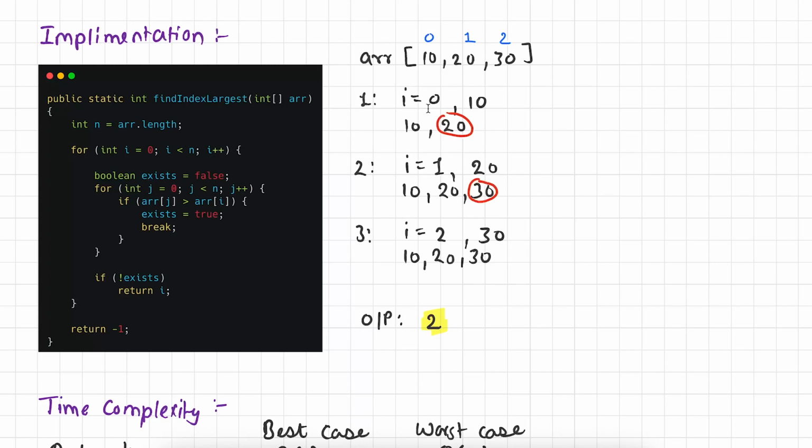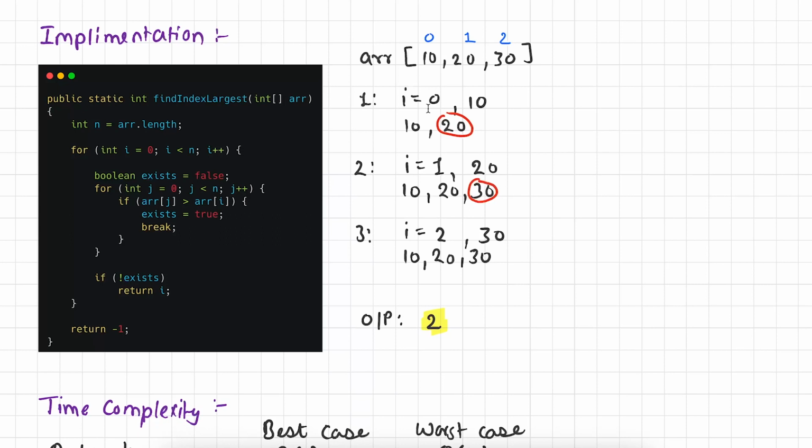We are trying to find whether there exists any number that is greater than the chosen number. If we find a number that is greater, then we simply set the value of the exist variable to true, and then we break the inner loop.